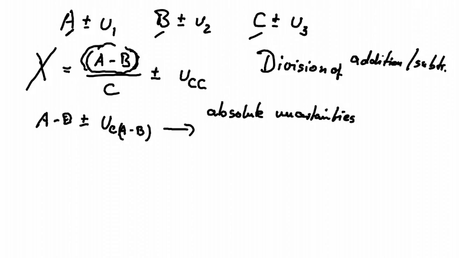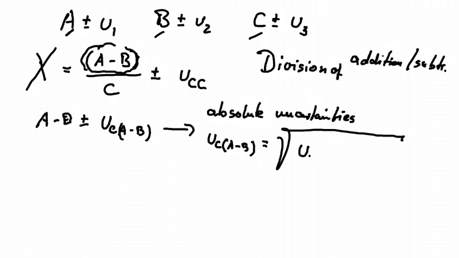So we would say UC A minus B equals the square root of U1 squared plus U2 squared. That is our combined uncertainty for A minus B.